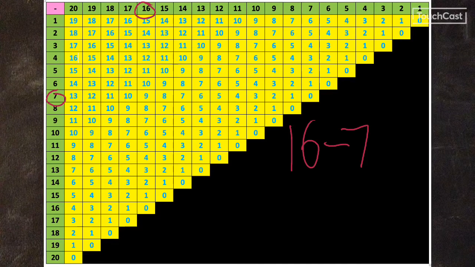What we need to do is get down to 10, so we can use our facts to go, well, I know that 16 take away 6 equals 10, and then I've got to my bridge, and then 1 more equals 9, so 16 take away 7 must equal 9.